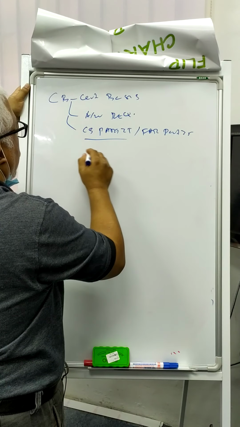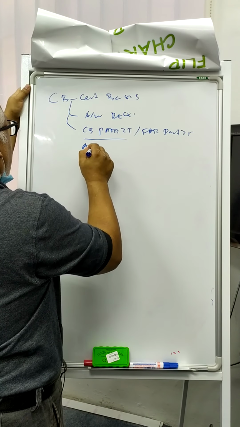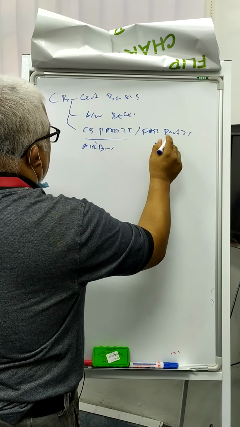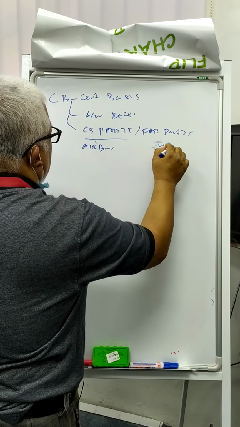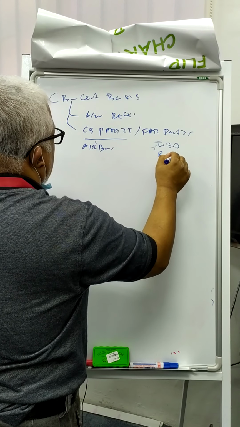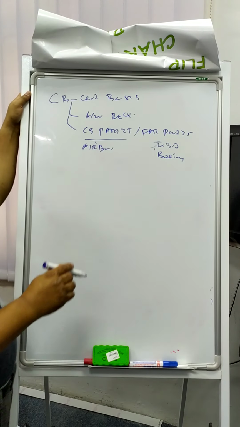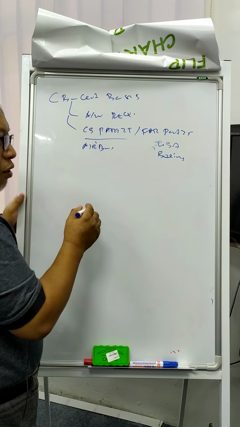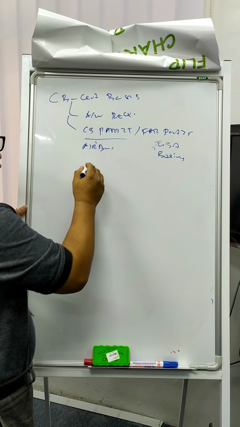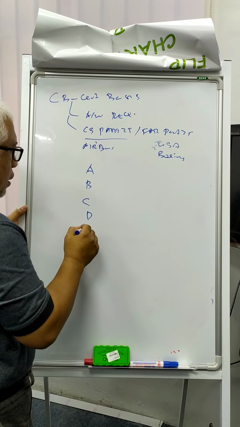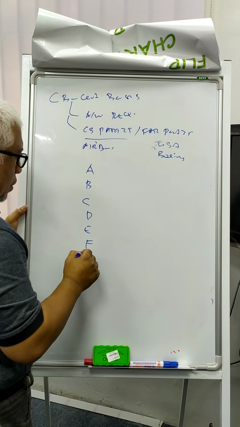CS is normally for aircraft from Europe, Airbus. FAR is for aircraft from the USA; Boeing uses FAR Part 25. In the design requirement Part 25, there are several subparts: Subpart A, B, C, D, E, F, G.